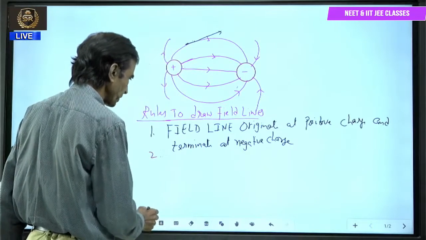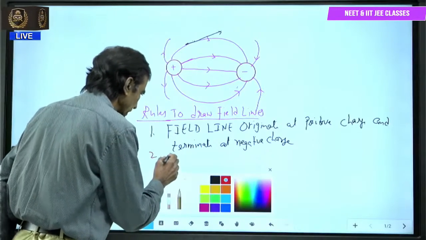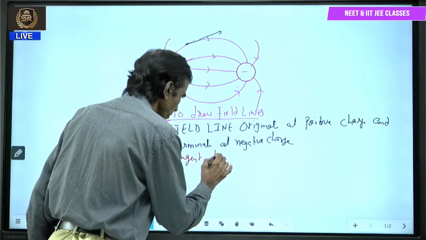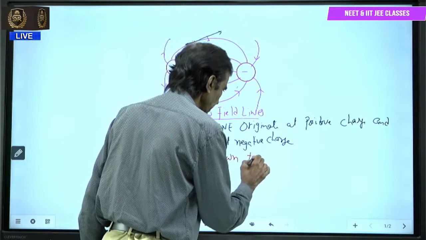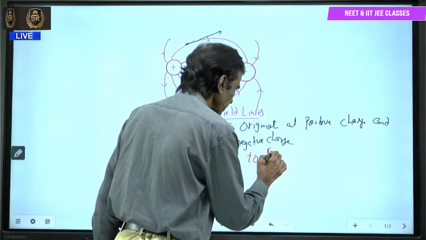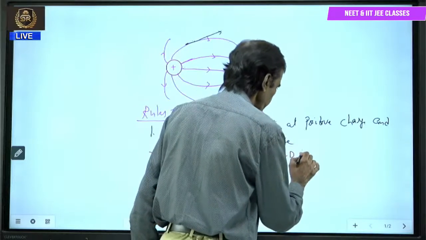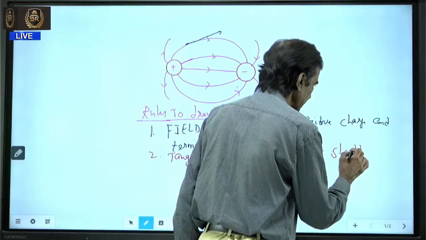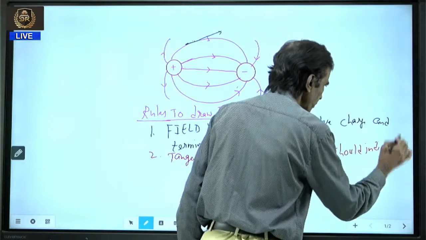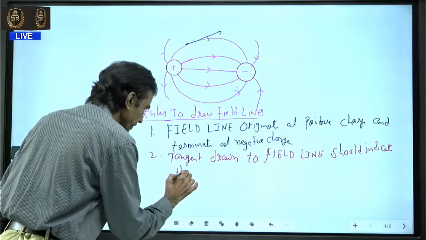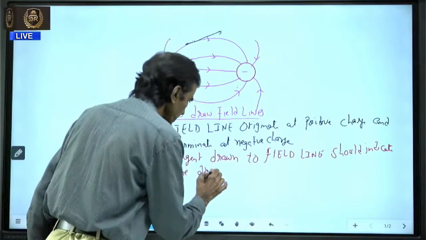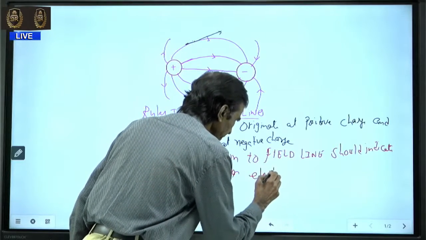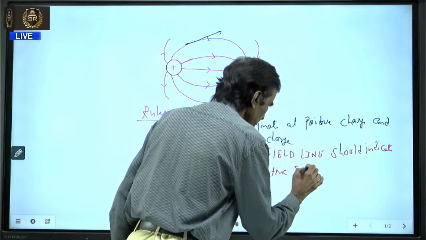So rule number 2, the second rule: the tangent drawn to the field line or force line should indicate the direction of the electric field at that point.